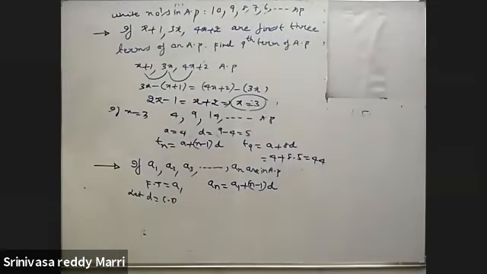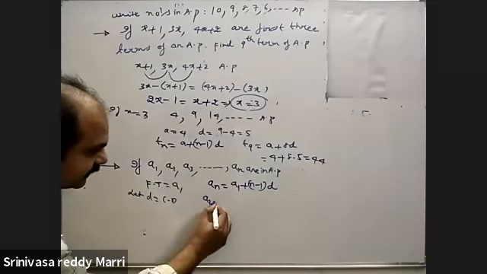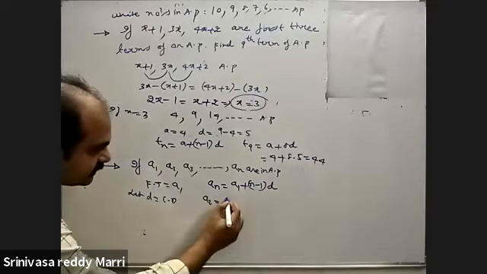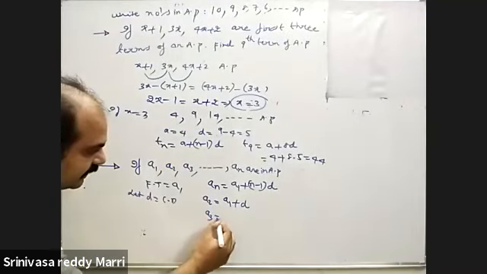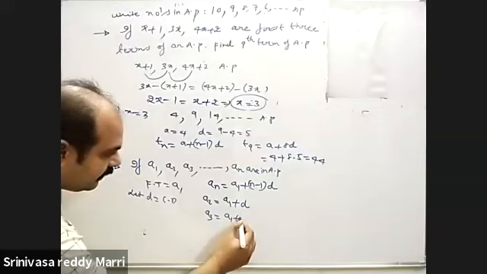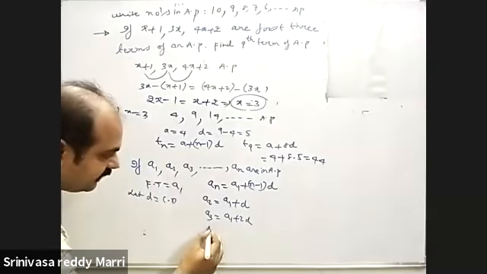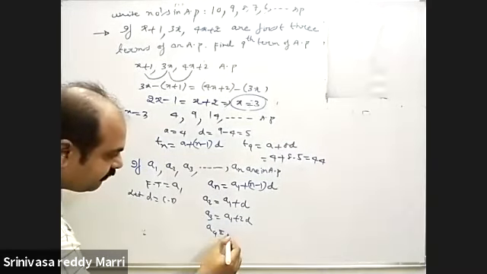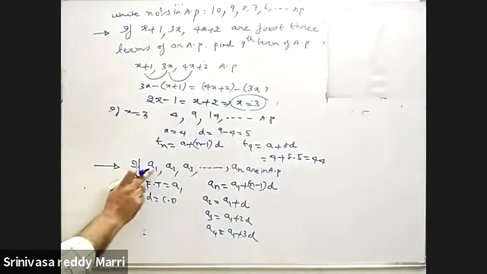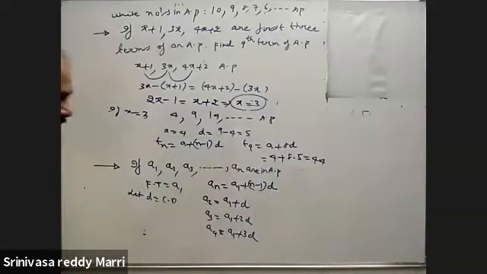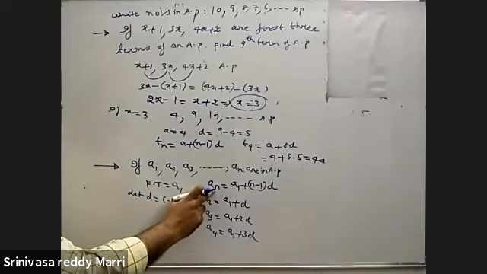An equals A1 plus (n minus 1) into D. The second term A2 is A1 plus D. The third term is A1 plus 2D. The fourth term is A1 plus 3D.